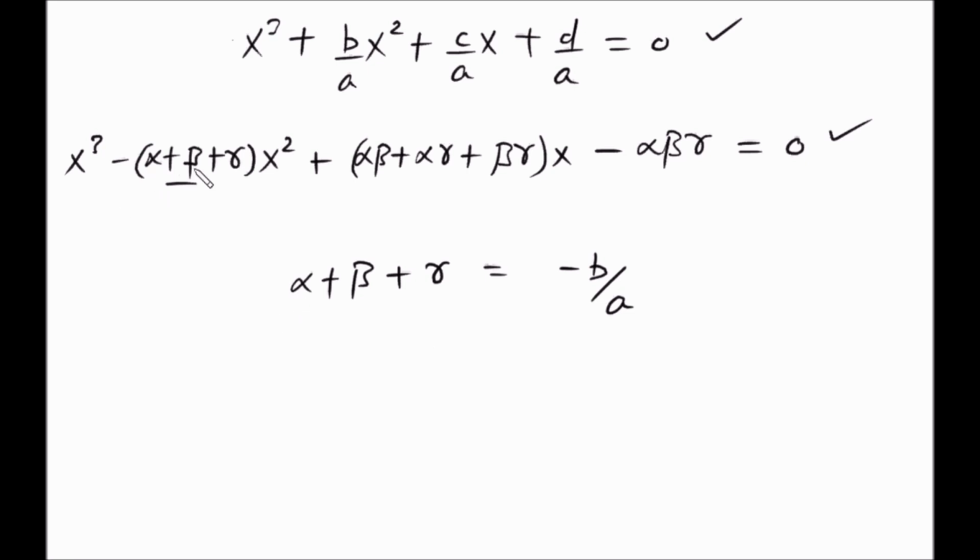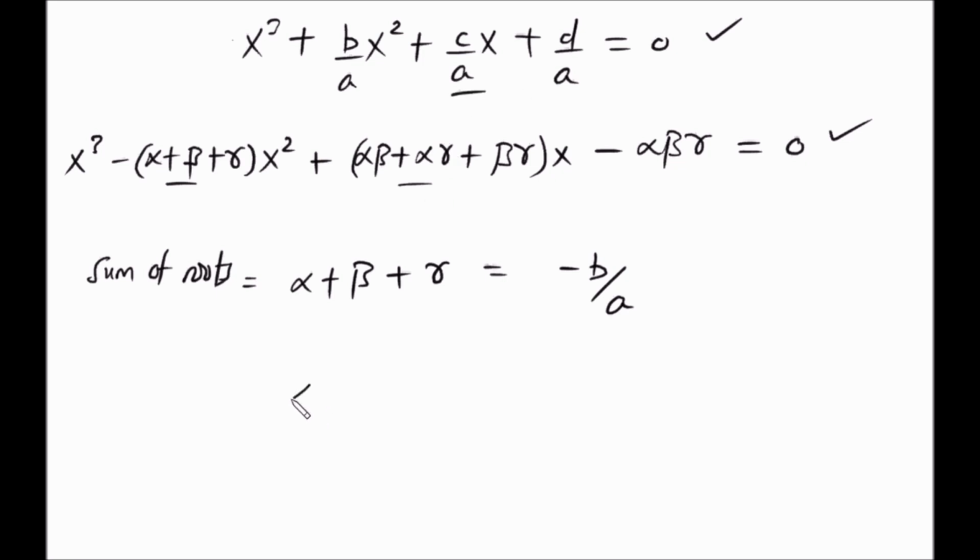So remember alpha, beta and gamma are the roots of this equation up here. So if I take alpha plus beta plus gamma, this we need the sum of roots. So sum of roots for a cubic equation is that. Now compare this and this.